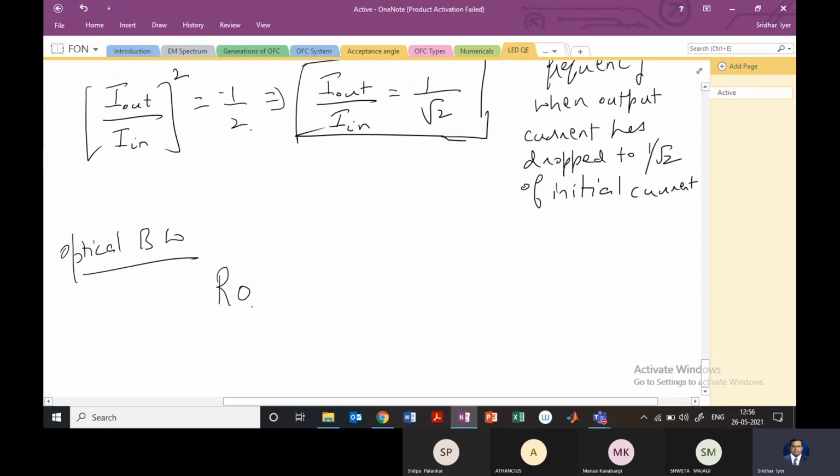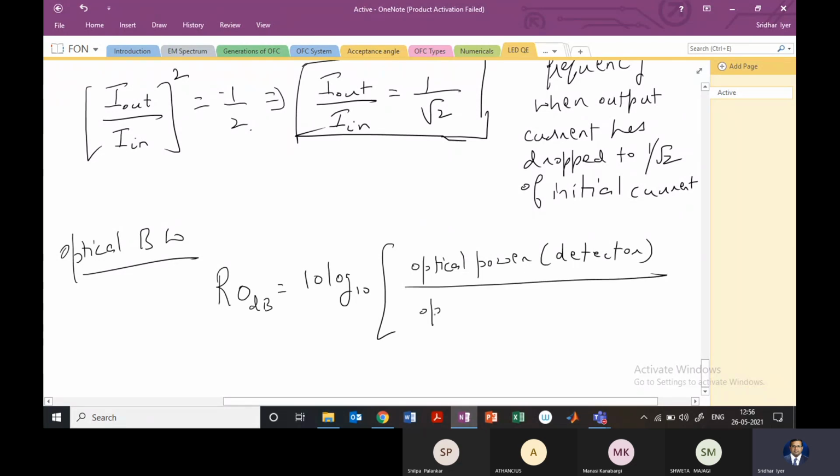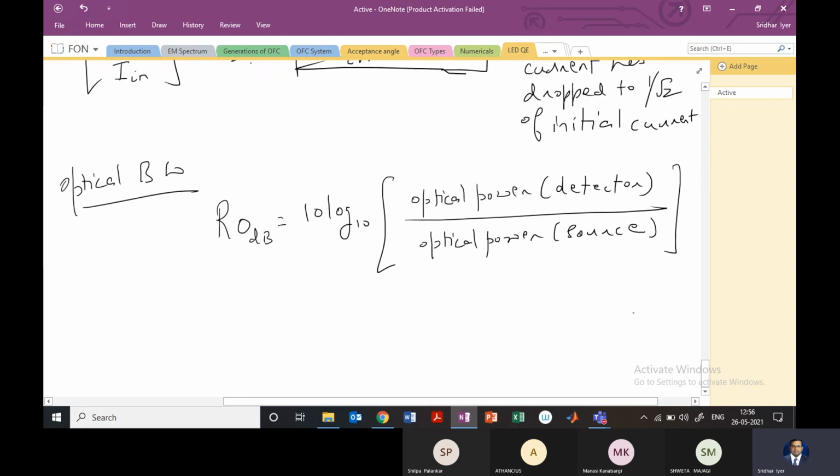That is the optical bandwidth in decibels, which will be nothing but 10 log to the base 10. Again, the definition will be the same: optical power at detector divided by optical power at source. Again, we would want these to be the same, but that's not going to happen.